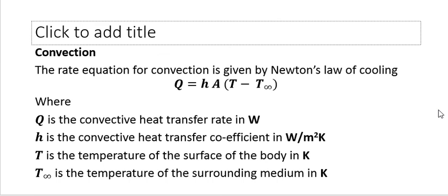Here Q is the convective heat transfer rate in watt. We cannot predict the particular direction here. h is the convective heat transfer coefficient. As with thermal conductivity, remember these notations.